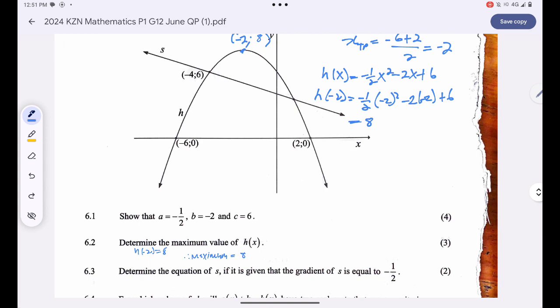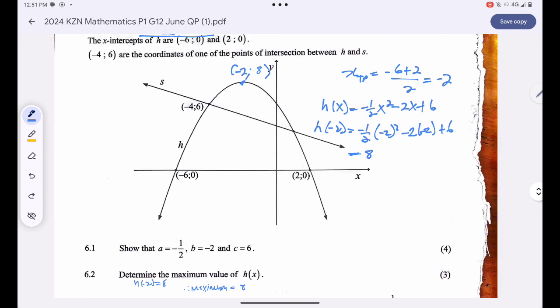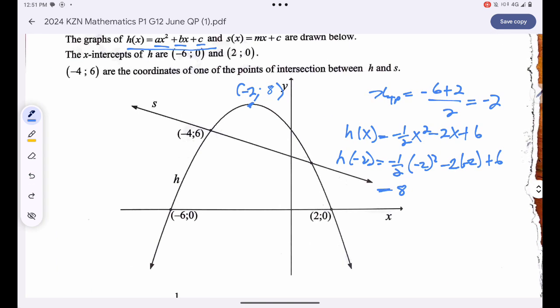Yeah? Okay, now they want us to determine the equation of s if it is given that the gradient of s is equal to -1/2. So we do have a gradient and we have a point on the line. We can simply say that s of x is equal to mx plus c. The gradient is just -1/2. All we have to do now is to find the value of c. I can simply substitute my point over there.